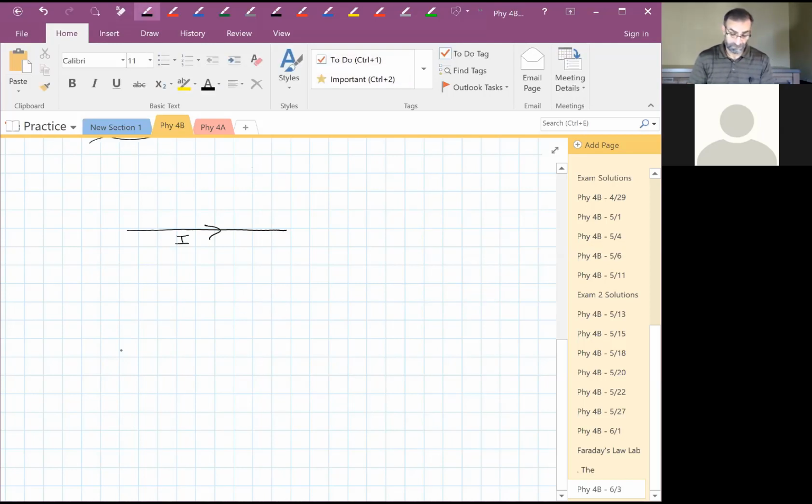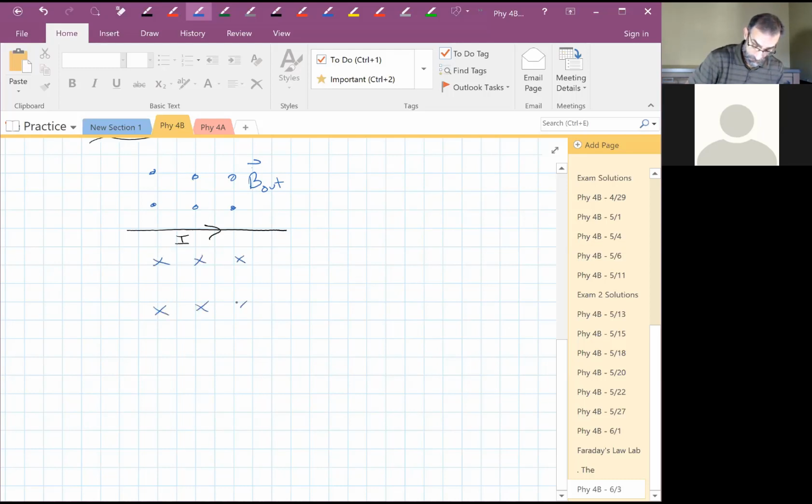The magnetic field anywhere above the wire is out of the page, right? And anywhere below the wire, the magnetic field is into the page.